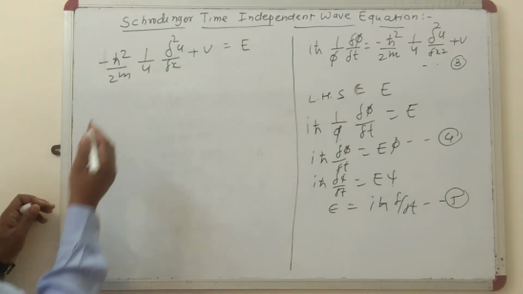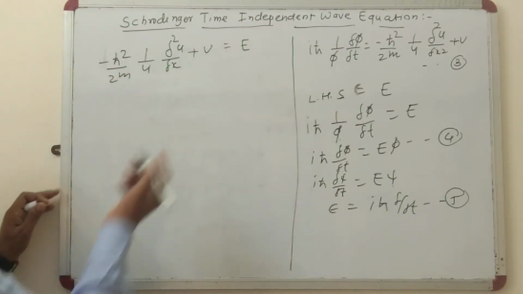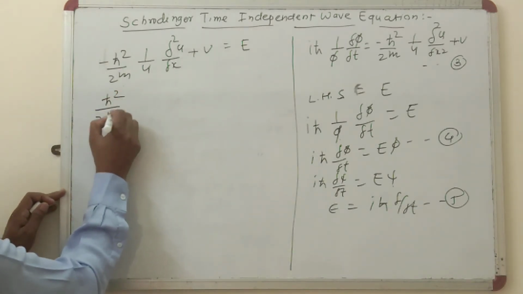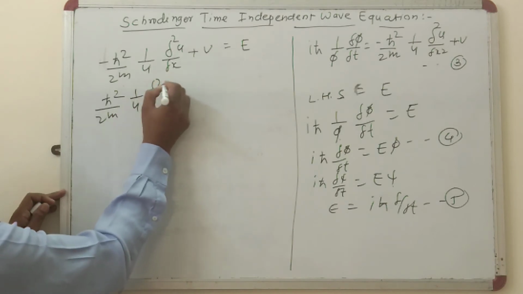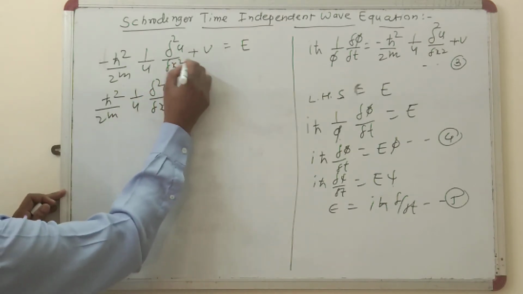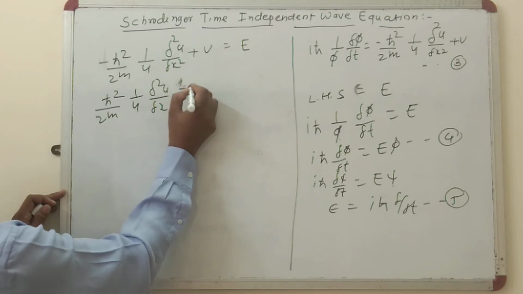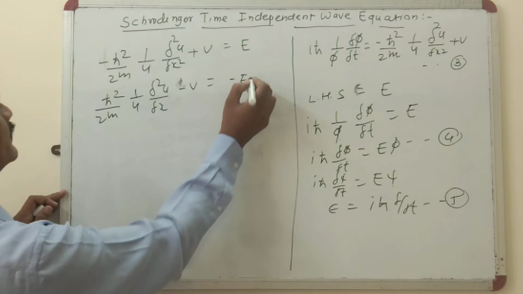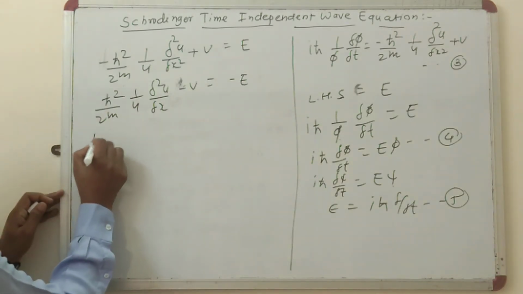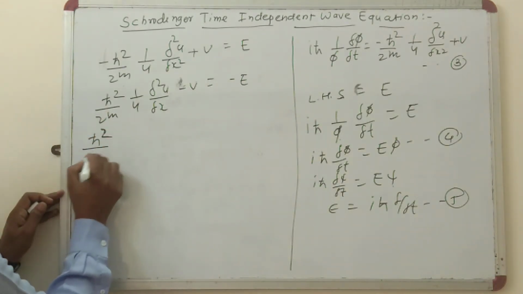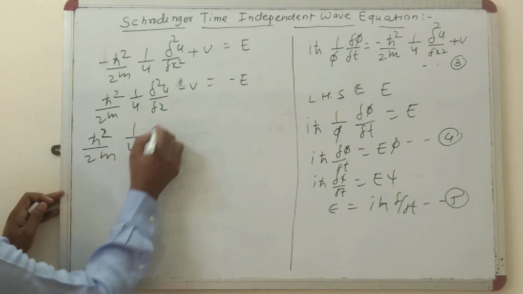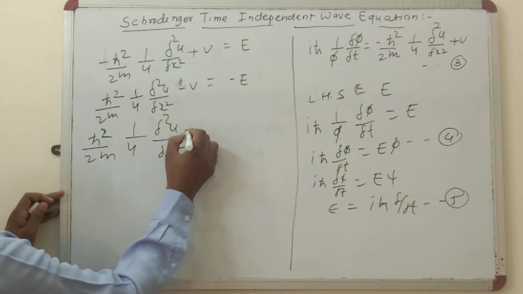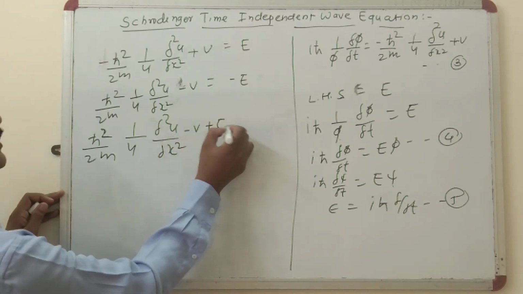We replace the sign, and we get ħ²/2m (1/u) ∂²u/∂x² - V = -E. That is, ħ²/2m (1/u) ∂²u/∂x² - V + E = 0.